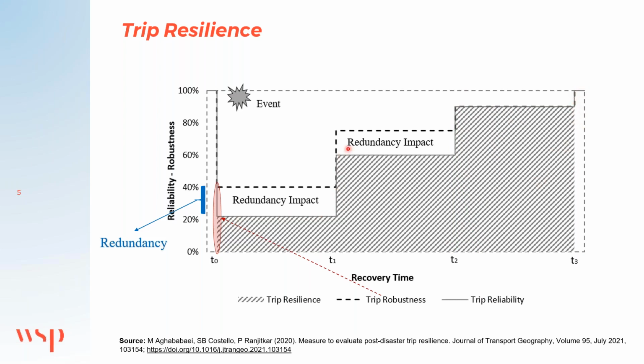So this gray one is the curve of trip reliability, and the area under the curve of trip reliability shows you the trip resilience. The novelty of this method is that we combine all of the components of resilience, I mean robustness, redundancy, and recovery, in just one measure that you can see here.